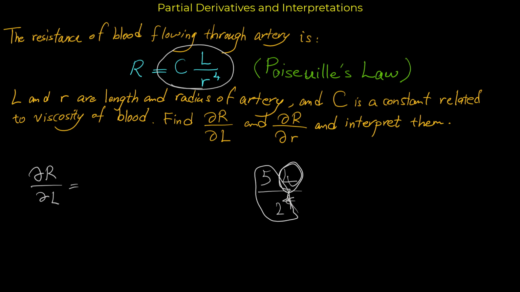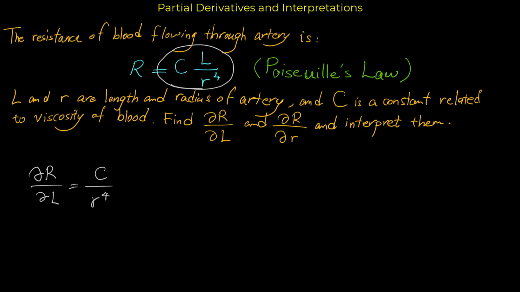What is the derivative of L? 1. And just the coefficient remains. So what is the derivative of CL over r to the 4? Attention, between C and L over r to the 4 is multiplication, so you can consider it as C times L over r to the 4. Its derivative would be C over r to the 4.